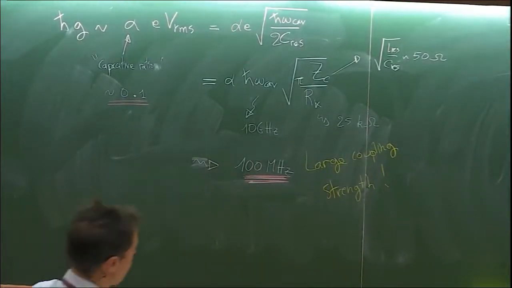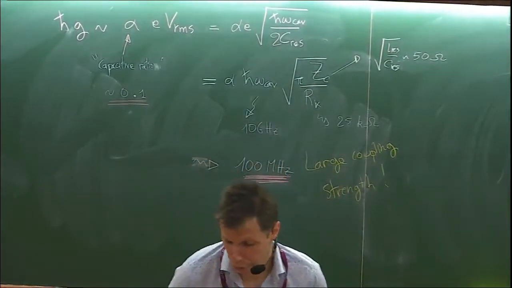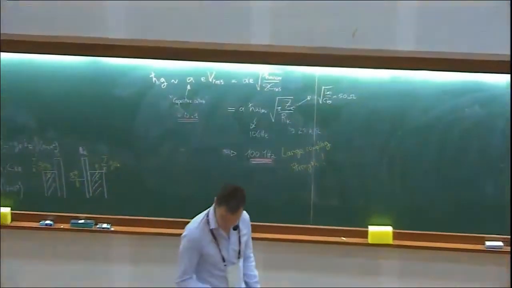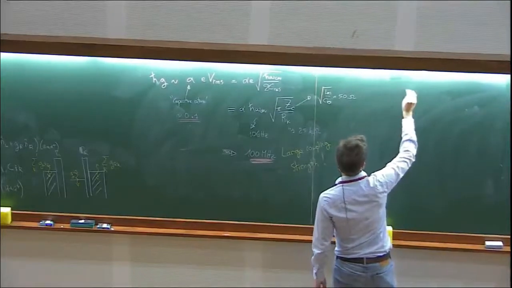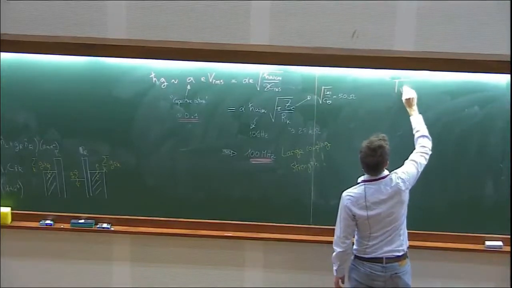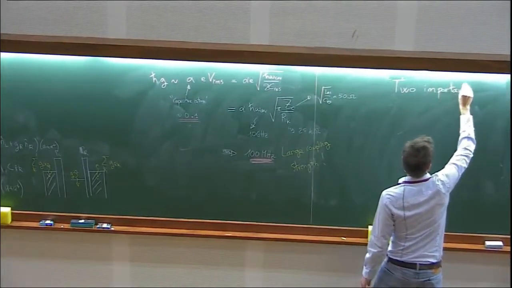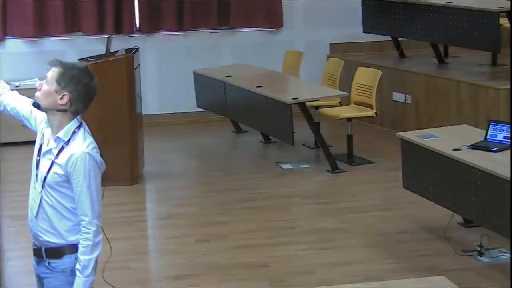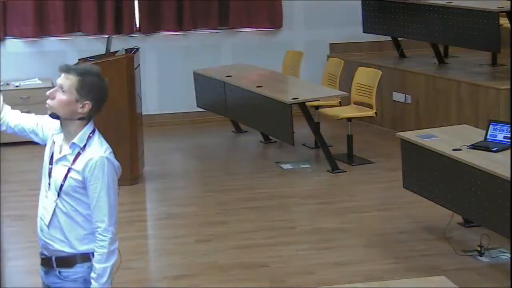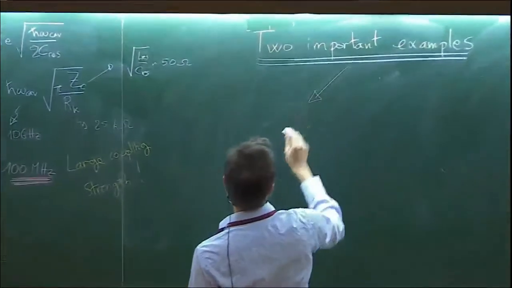So the first important situation is a single quantum dot, which is related to experiments which are being carried out, of course. So there will be two important examples. So the first is a single quantum dot.